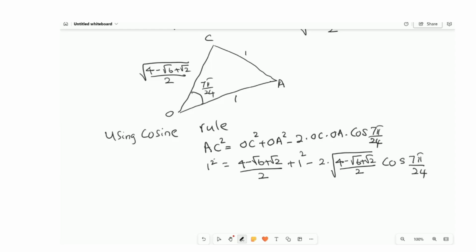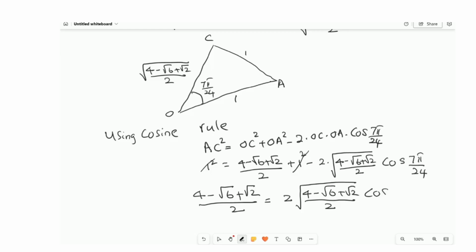Now we can see that 1 square cancels. Then we have 4 minus square root of 6 plus square root of 2 divided by 2 is equal to 2 times square root of 4 minus square root of 6 plus square root of 2 divided by 2 cos 7 pi divided by 24.